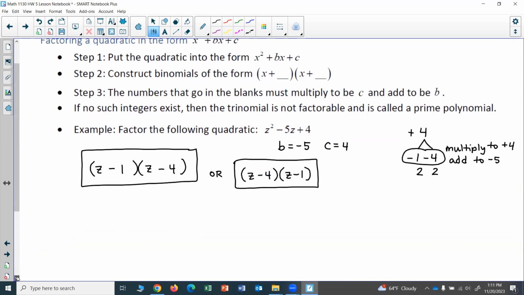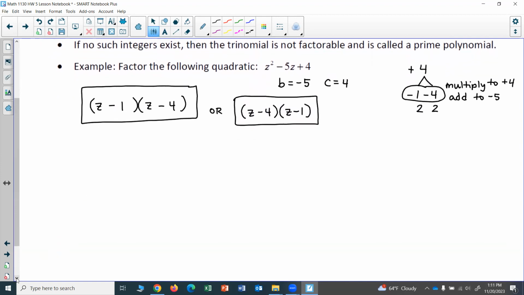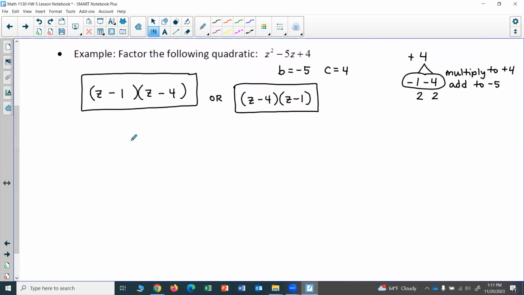Now, the way to check, anytime you're solving one of these and you want to check, you multiply it out. That's how you check your factorization. So I'm going to go ahead and FOIL it out. So I'm going to do first two terms multiplied together. That's the first two terms. Plus the outside terms, z times -4.